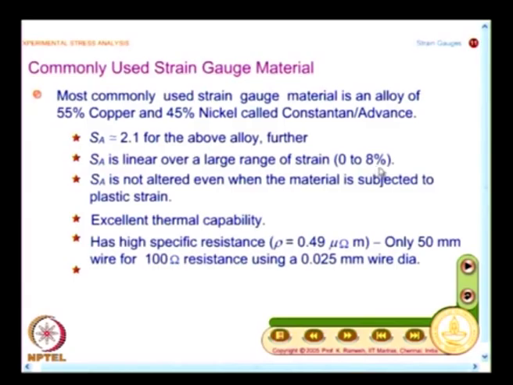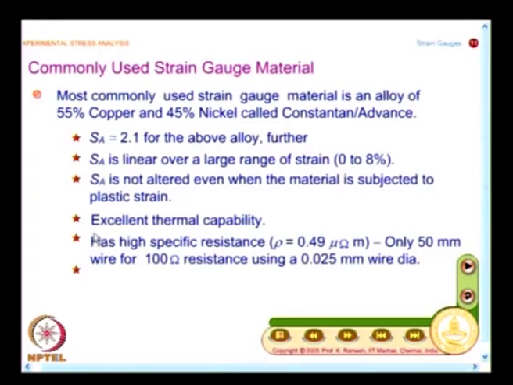So, 8% is a very large strain magnitude, and we have already seen from the expression for strain sensitivity of the conductor that it approaches 2 when the material is subjected to plastic strain, because it reduces to 1 plus 2 nu otherwise. That is the reason why we choose a material which has SA closer to 2.